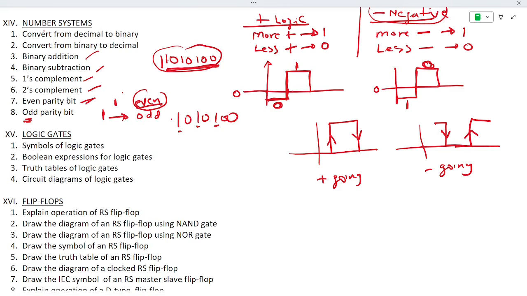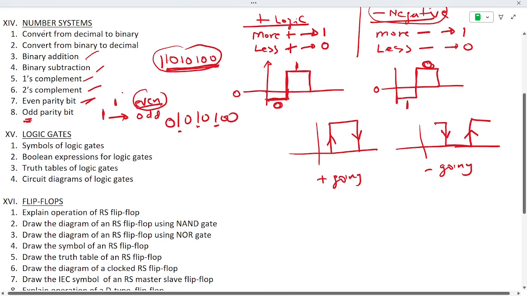You don't have to add anything. You just write a 0 there. Most of the time they will ask you to explain what an even parity bit is, what an odd parity bit is. But sometimes they will give you a number and ask you to add a bit to make it even or odd. So that was it.